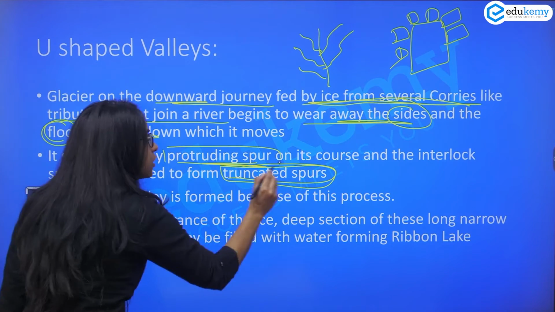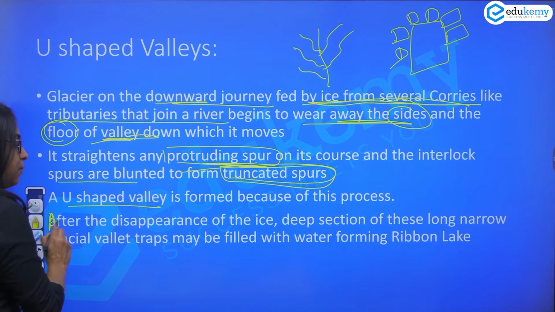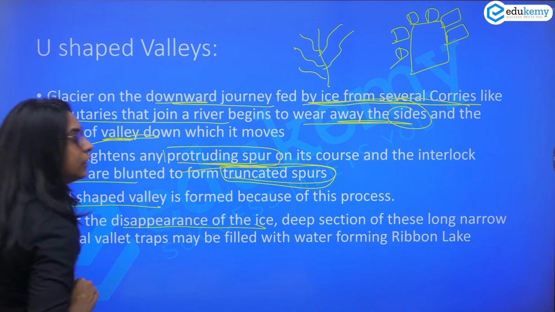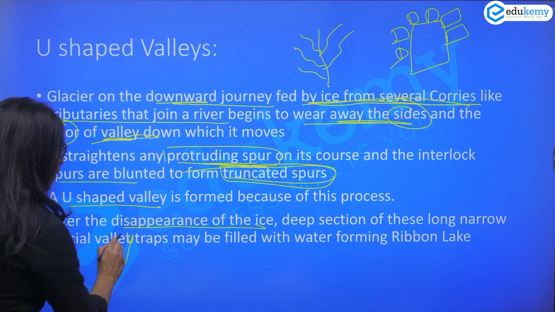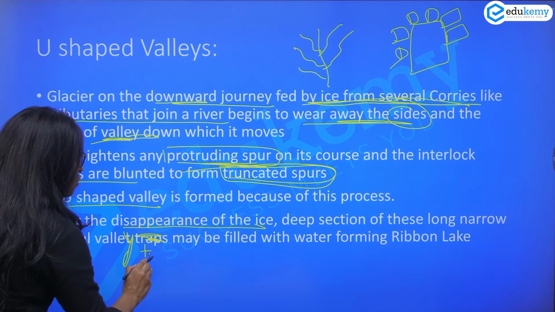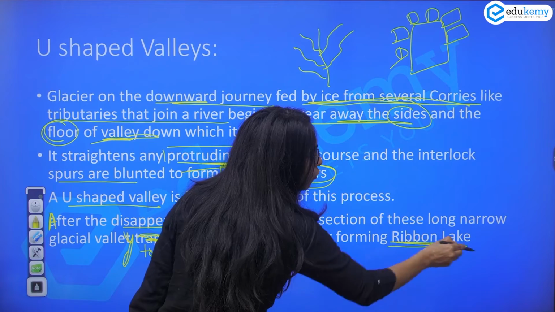What are the protruding spurs? We will understand. The U-shaped valley is formed because of these processes. After the disappearance of the ice, a lake is formed in the glacial trough, which is called the Ribbon Lake.